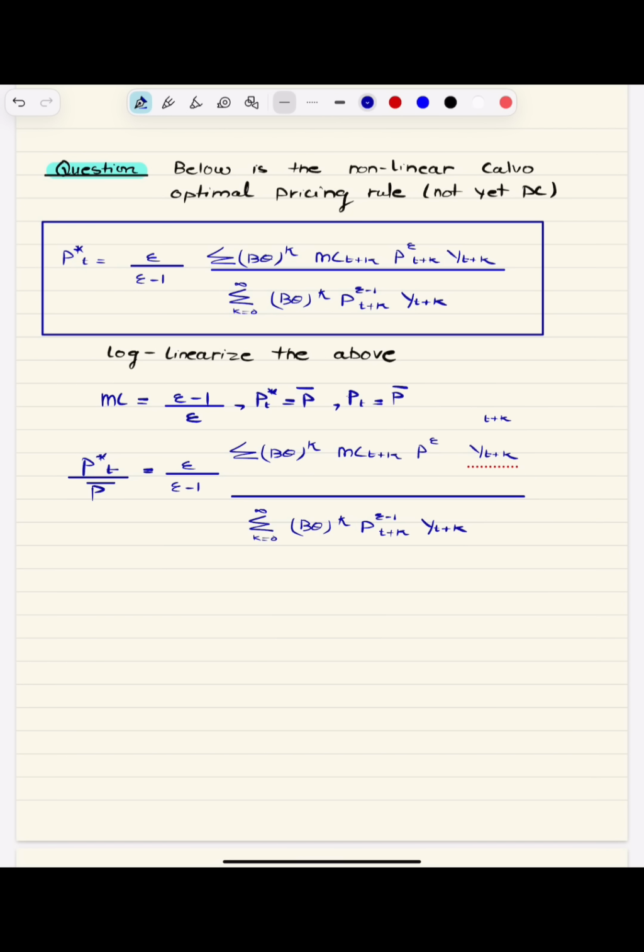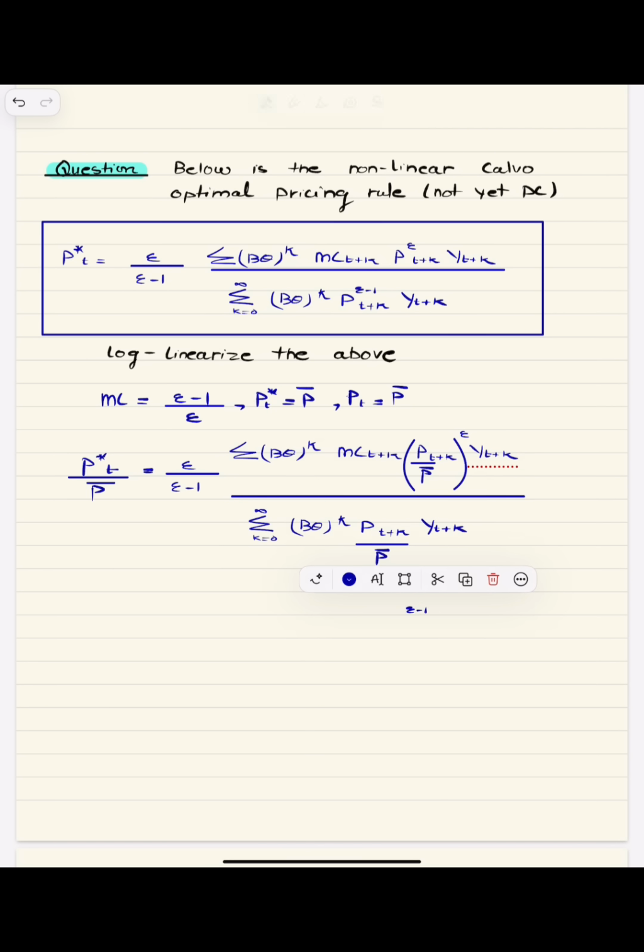So if I divide by p bar over here, this remains there, and I'm just going to do a whole power epsilon. If I'm doing something in the numerator, I have to do it in the denominator as well. So I'm going to divide this by p bar as well, and there's an epsilon minus 1 power, and therefore it's just like dividing the whole thing by p bar.